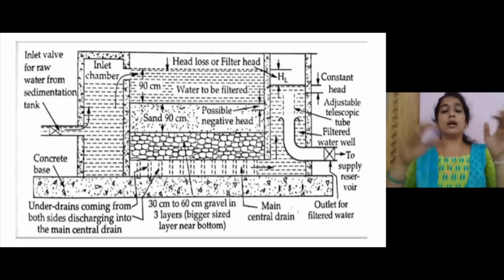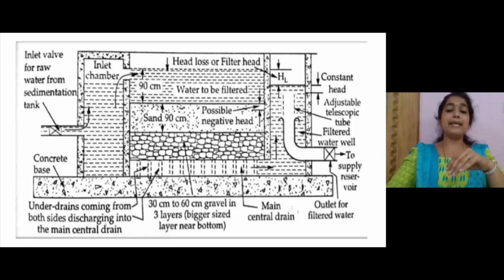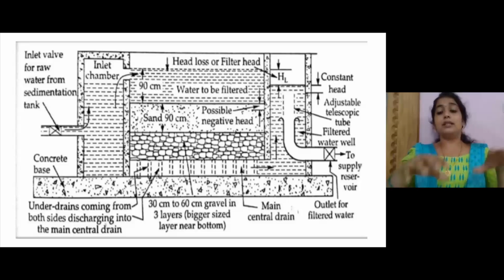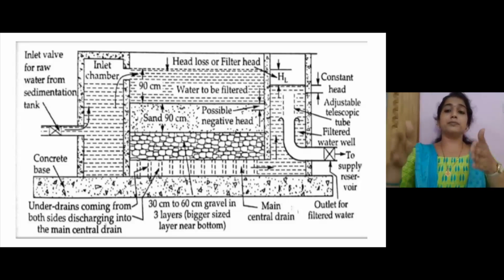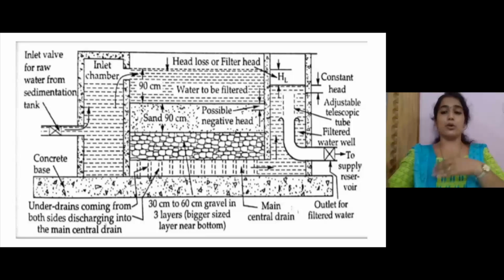which is connected to the main drainage, that is the main central drain marked below the figure. This main central drain is connected to the filtered water well, and from the filtered water well, the water is taken out to the supply reservoir for storage.